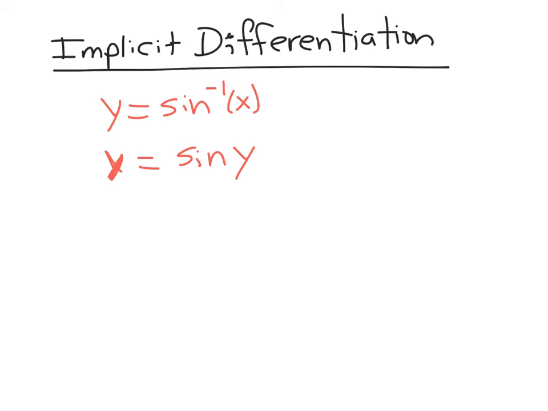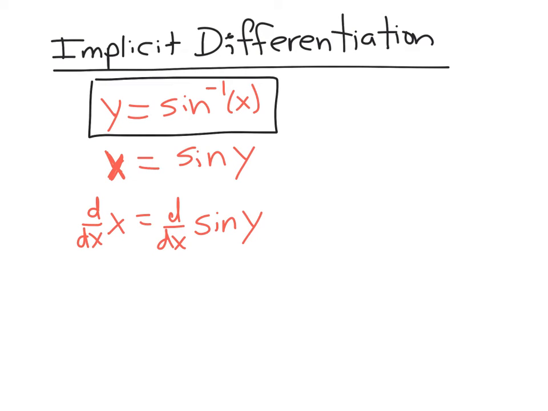It's just been rewritten as x equals sine of y. So now when we take the derivative of both sides of this equation, we'll have the derivative with respect to x of x is equal to the derivative with respect to x of sine of y, where y is a function of x that we have up here at the top.